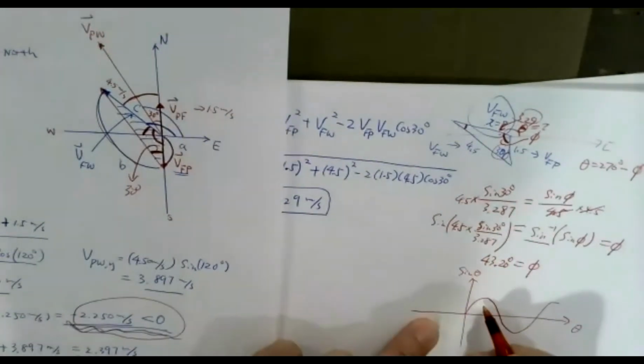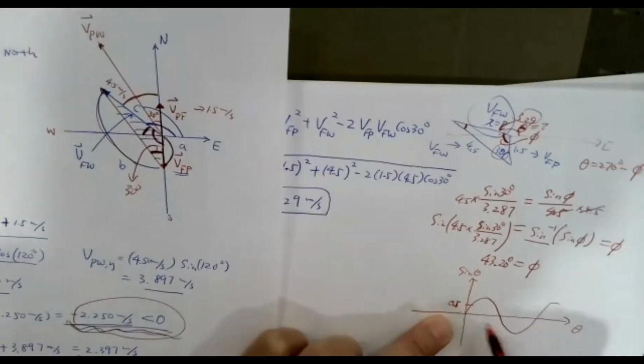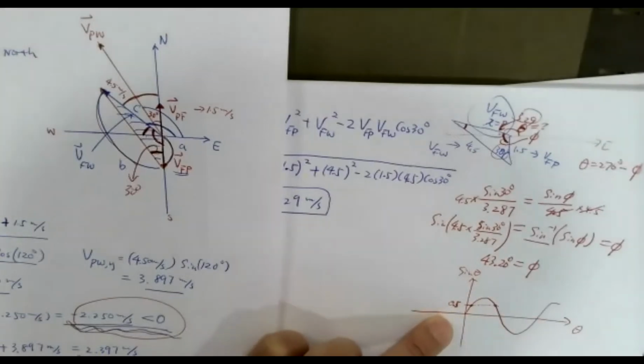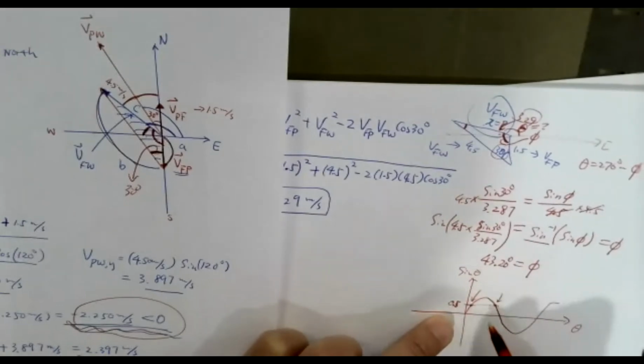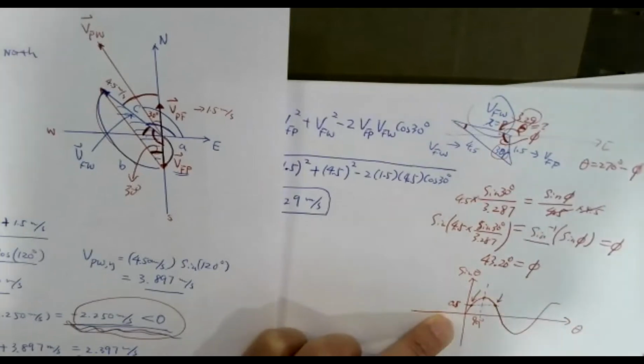Say sine of 0.5, it will be somewhere here. So sine of 0.5 actually has two solutions, one at this end, and another one at the other end. At 90 degrees, it has the maximum, equal to 1, okay?